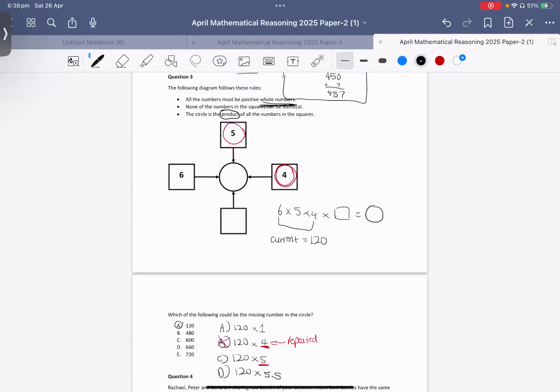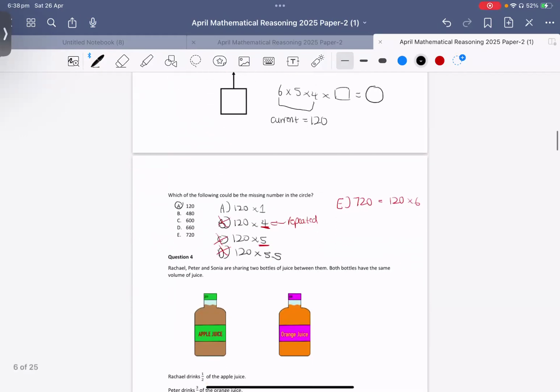So that's why it's not C and not D. And for a similar reason, it's not E. To get to 720, we need to multiply 120 by 6, but as you know, 6 is also repeated. So the only option here that works without repeating any of our numbers and keeping positive whole numbers is times 1, which is A. Hopefully that one makes sense.